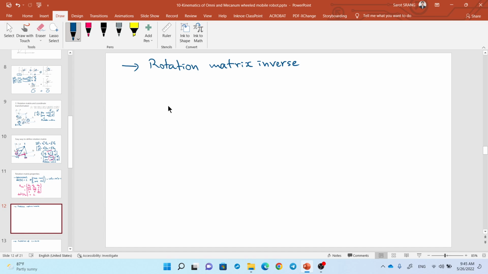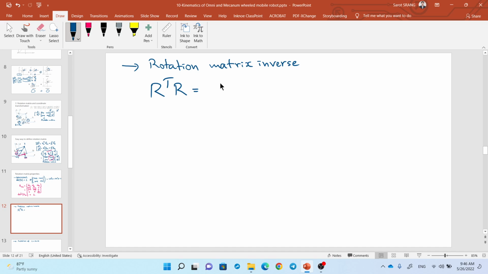So if you are very familiar with orthogonal matrices, actually not just orthogonal but orthonormal, then you will be interested to check what R transpose R is, right?